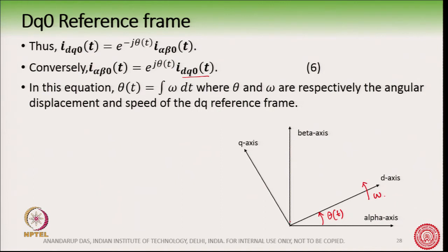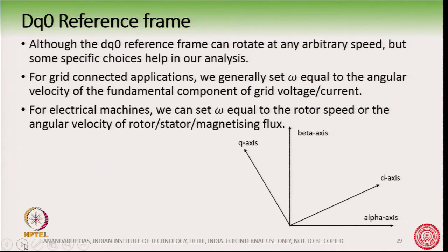So, this is your space vector here. As I told you, the d axis may rotate at the same speed as this, or omega dash may or may not be equal to omega.